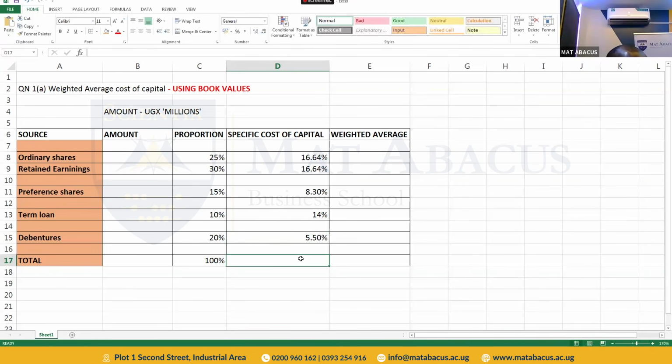At that stage, I'm looking for WACC. I can type it here. WACC is going to be, you multiply these two figures, the proportion, you multiply it with the specific cost in that direction, and you continue doing the same for all.